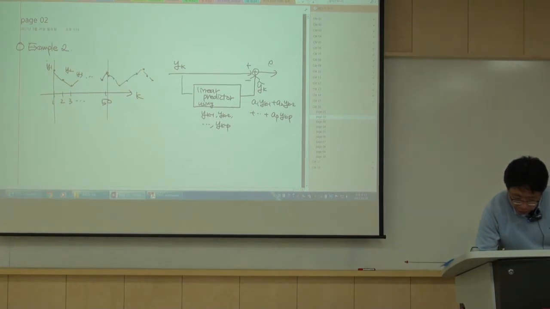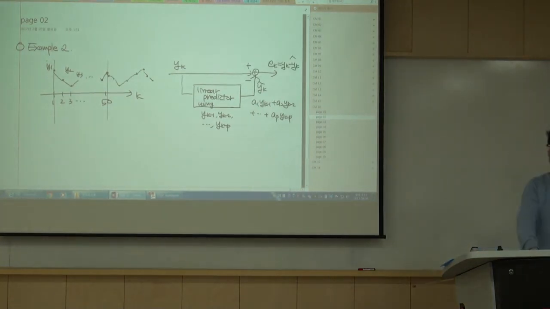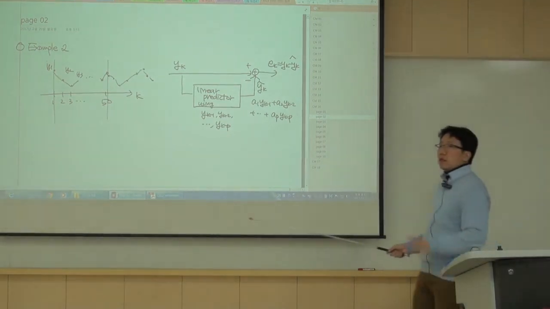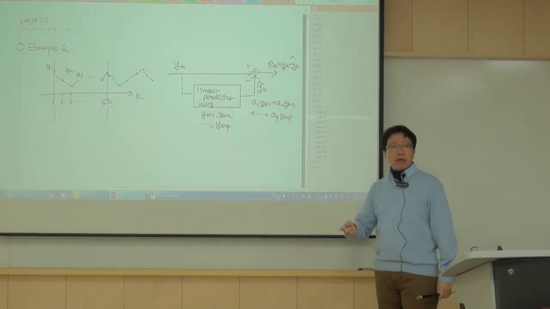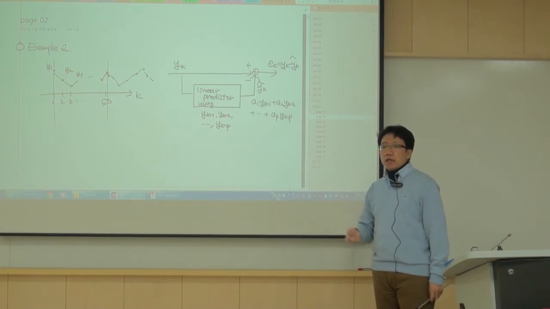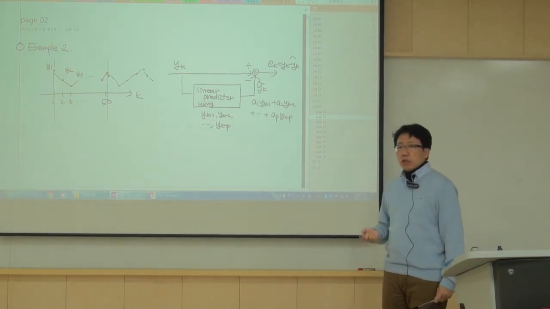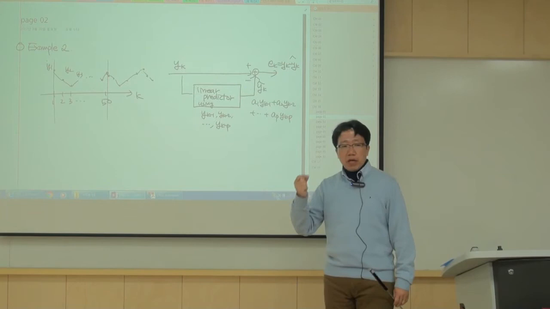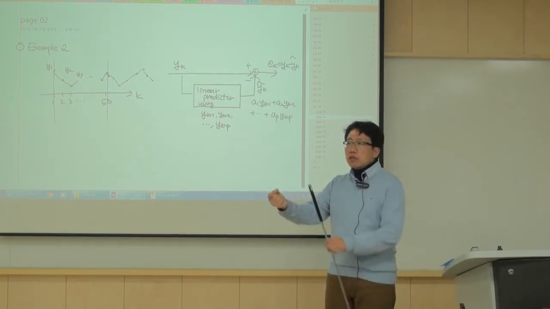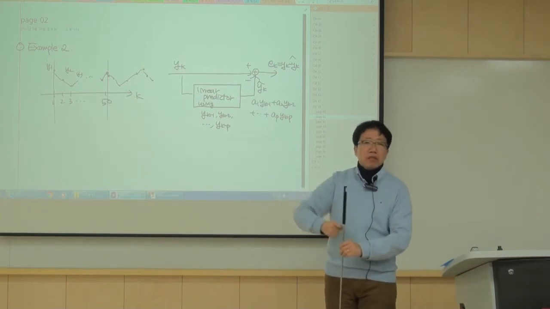So this is the error. Does it make sense? Suppose your system has very high computation power, so that your system can utilize just the previous value, up to just the previous value.